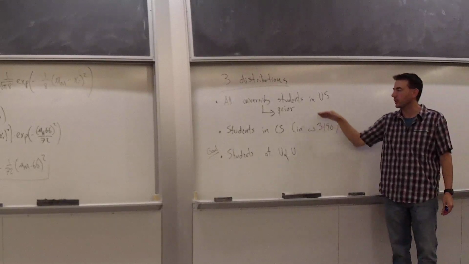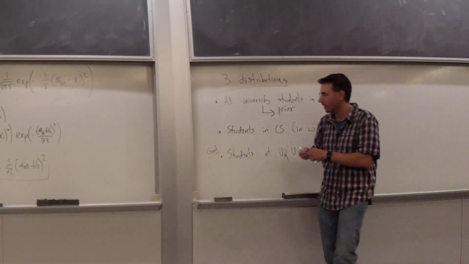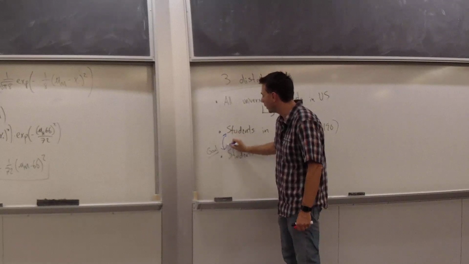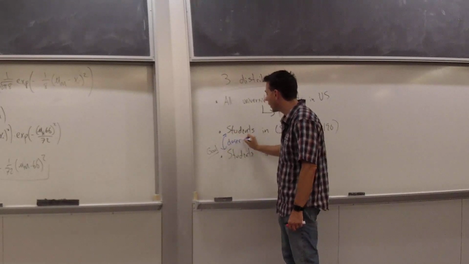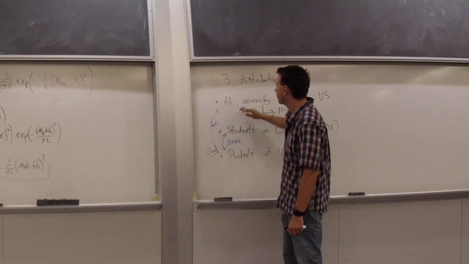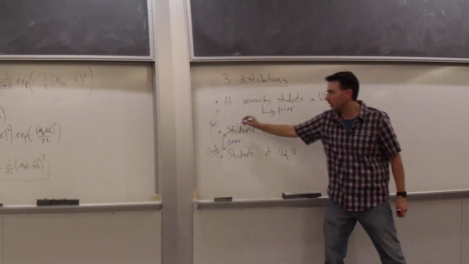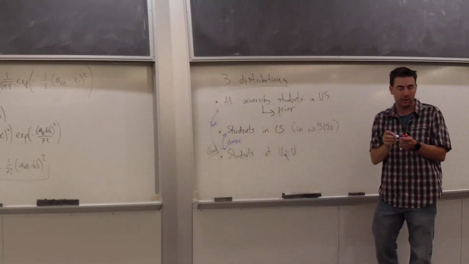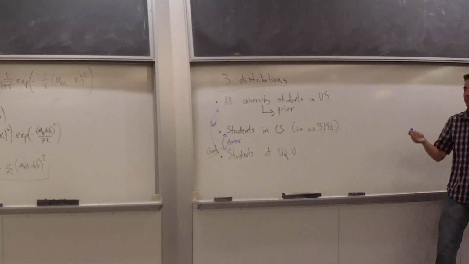There's some bias in between here, but we're hoping that these two are closer than this for the whole university, than all university students. Okay, so that's the hope in this modeling.